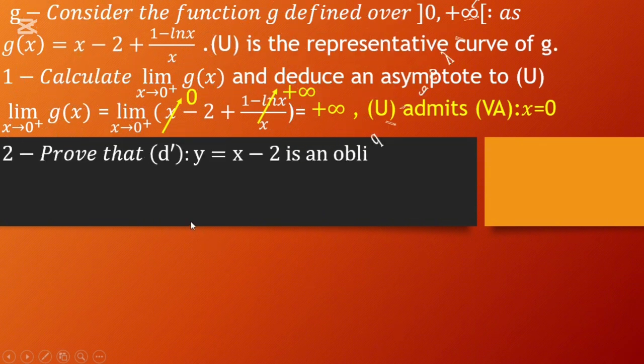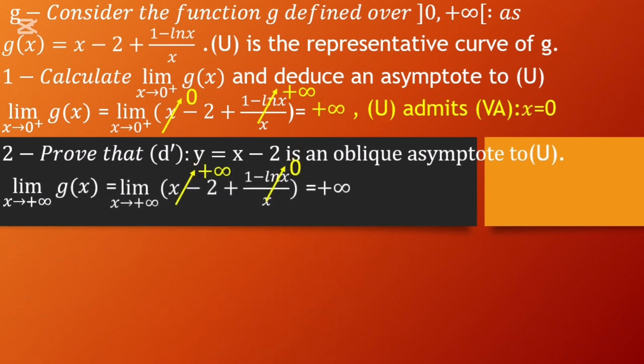Prove that d prime, y equals x minus 2, is an oblique asymptote to U. First we have to calculate the limit of g of x as x goes to plus infinity. It should be plus infinity. The limit of g of x as x goes to plus infinity equals the limit of x minus 2 plus (1 minus ln x) over x. As x goes to plus infinity, (1 minus ln x) over x goes to 0, so the limit is plus infinity.